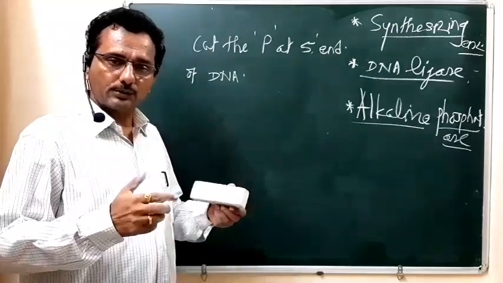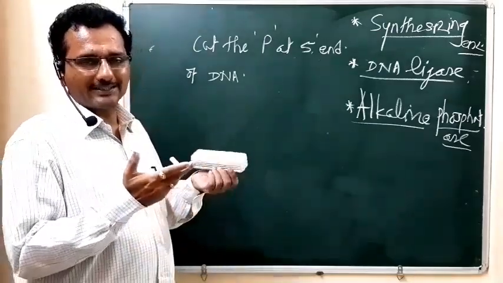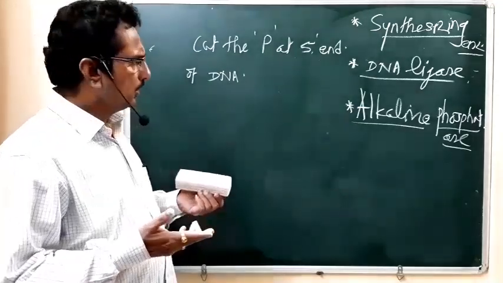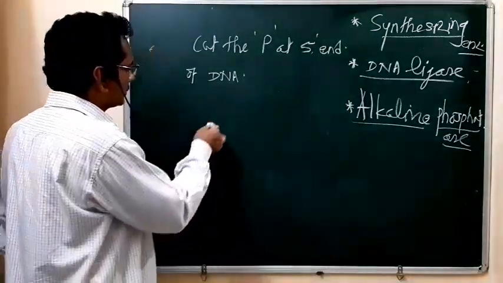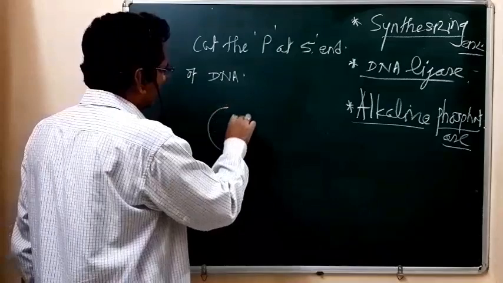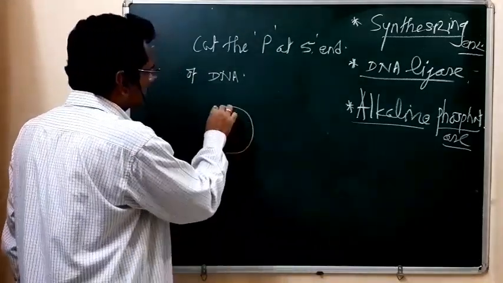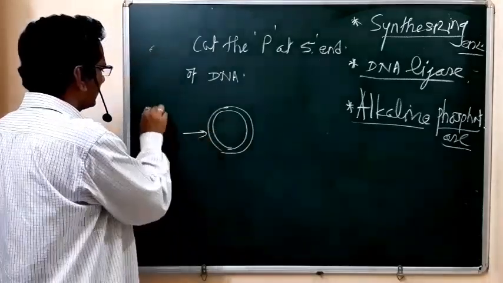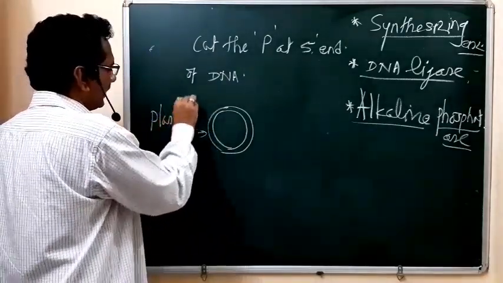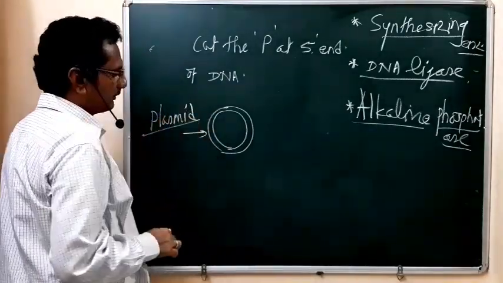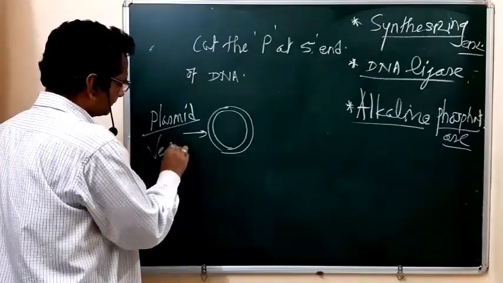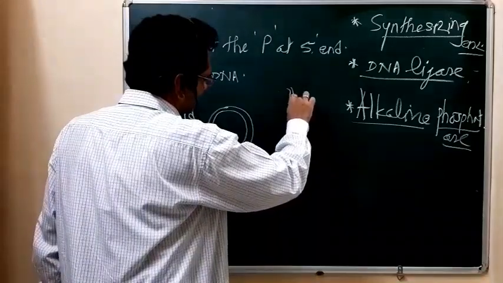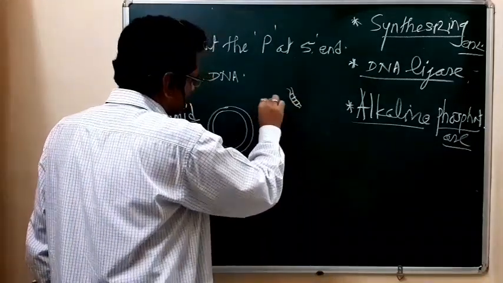We are going to study the role of the alkaline phosphatase enzyme. At the time of insertion of foreign DNA inside the vector, suppose this is a plasmid. The plasmid acts as a vector, and we want to insert the gene of interest inside this vector.